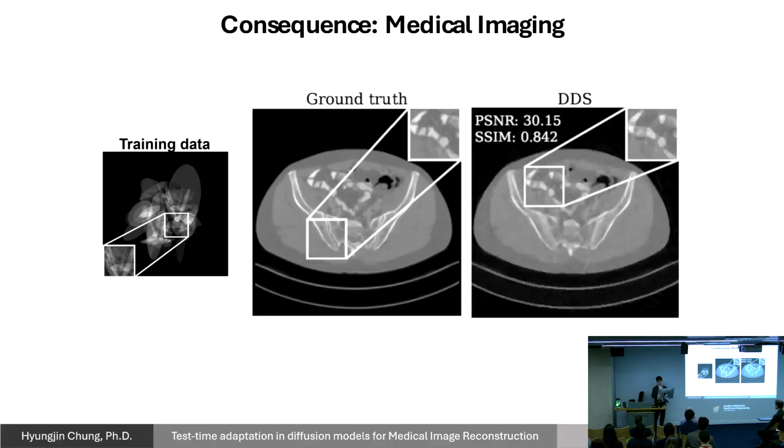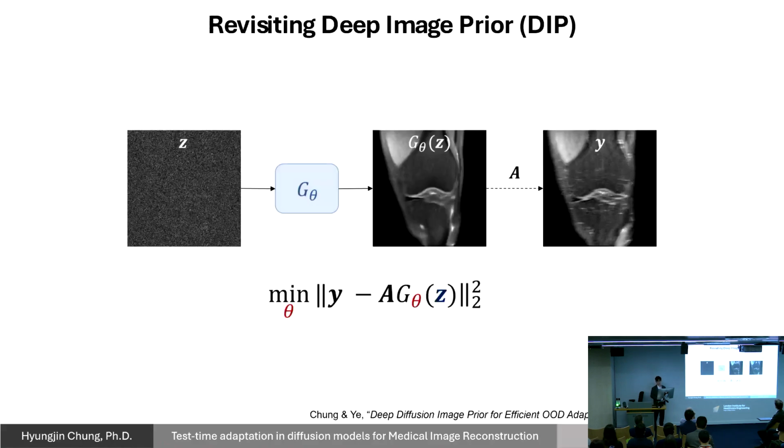If you train a diffusion model and use it to reconstruct from sparse-view CT, this is what you would get. And this looks very bad, since the reconstruction emulates the artifacts from the training data, and we wouldn't want this in practice.